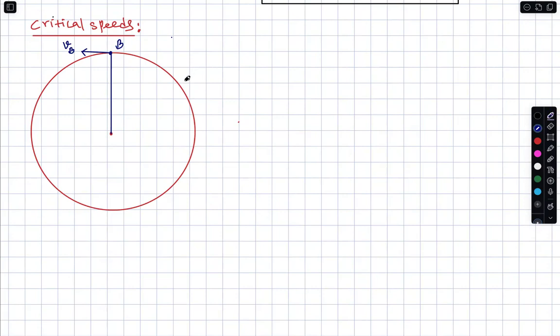If my path survives at B, I can ensure you it will survive at every point. Don't get confused, because you may say, sir, they are partial. How do you know that only B? I'll prove it now.